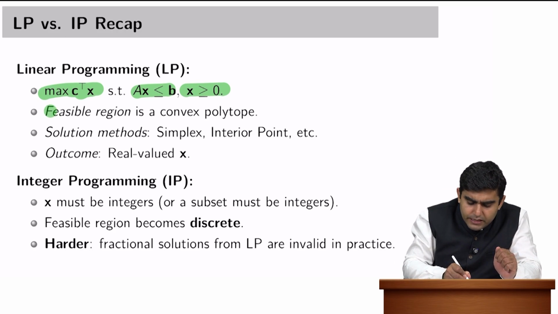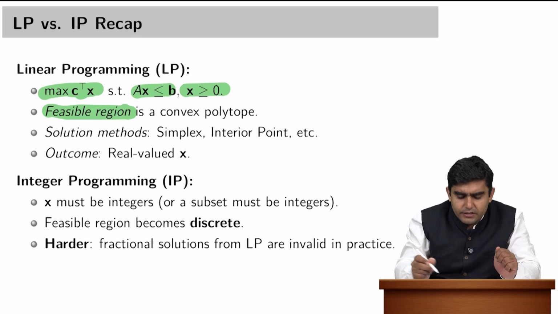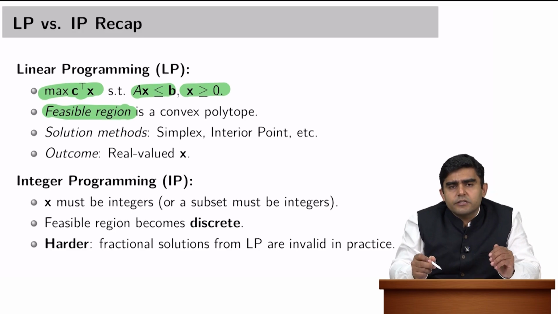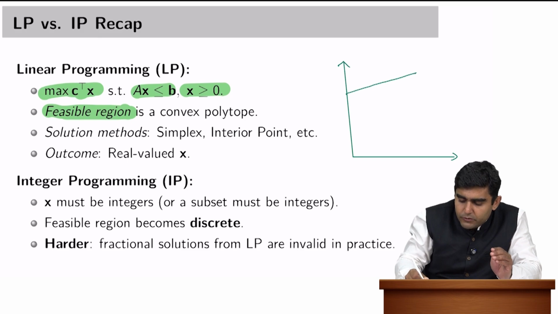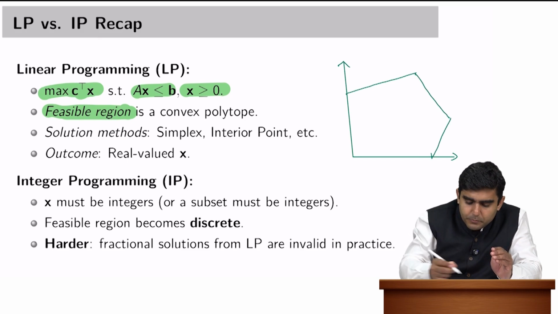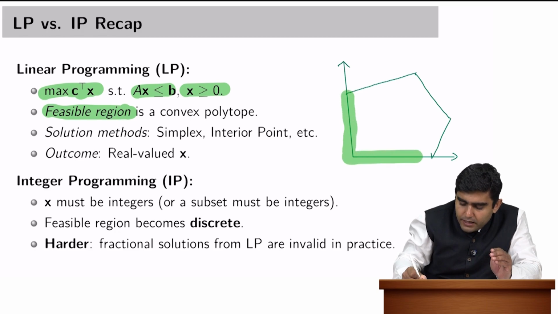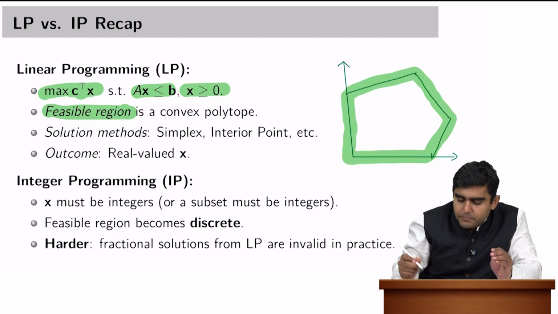What we learned in the linear programming introduction is that whenever all your constraints are of linear type, the region that they bound is always going to be convex, and sometimes we call this convex region a convex polytope. What I am highlighting here is one simple polytope.